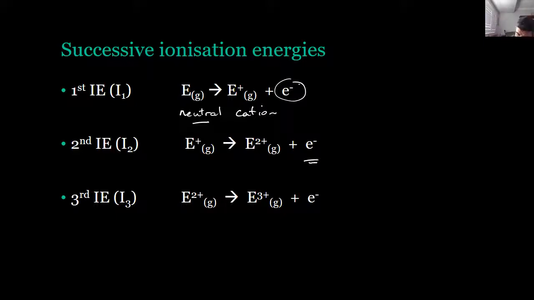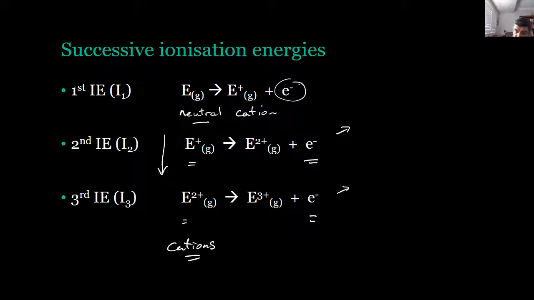Notice that for the subsequent ionization energies, more and more electrons are being removed from ions. They are already cations, they're just becoming higher and higher in their charge. As we go down this list, first to second to third ionization energies, we're removing these electrons subsequently from the atom.